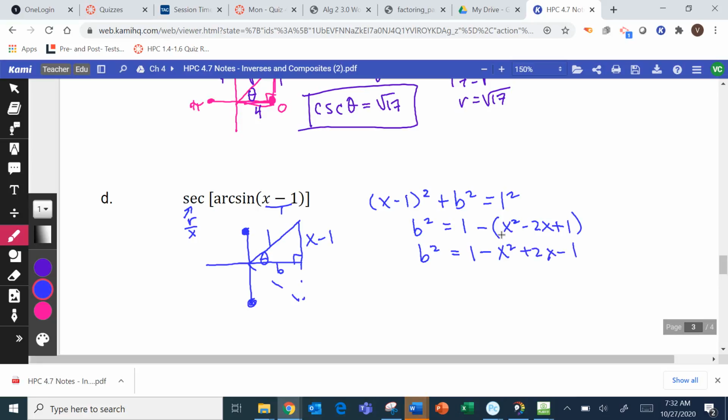The ones will cancel out. The order that these are written in, negative x squared plus 2x, is totally fine to bring down. Or if you don't like the negative in front, you can write 2x minus x squared. Either would be fine.